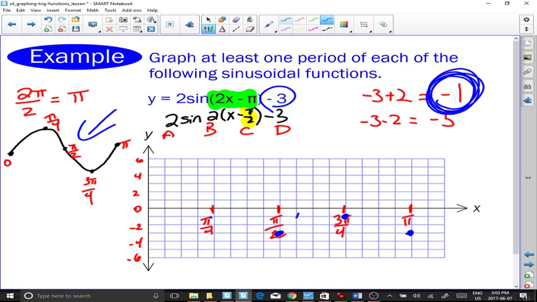So if we look at the shape this is going, we see that it's going like this. It's going to come up and it's going to come down. What's going to happen over here at pi over 4? It's going to go to -5. That's right.